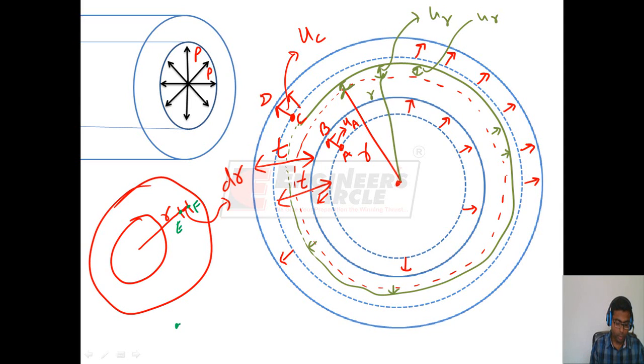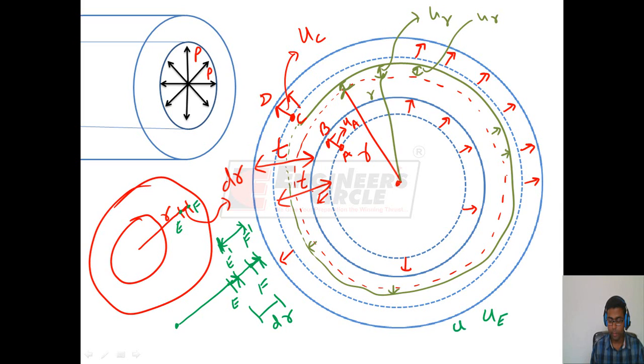Point E will move to E dash, and point F will move to F dash. Initially EF was of length dr, and now E dash F dash can be found by knowing that this displacement is UE and this is the radial displacement of point F, that is UF.